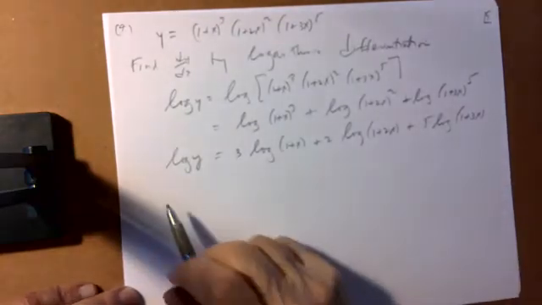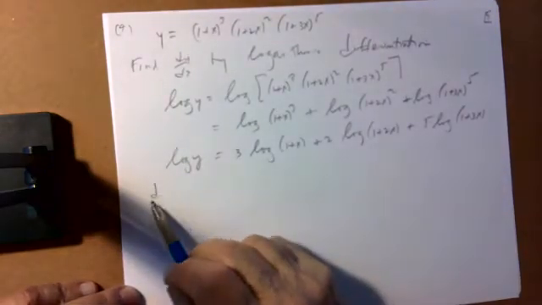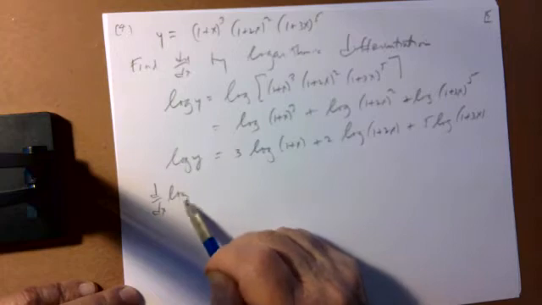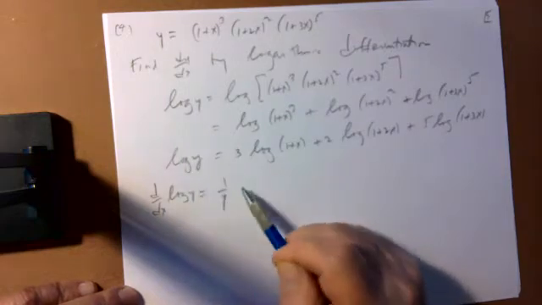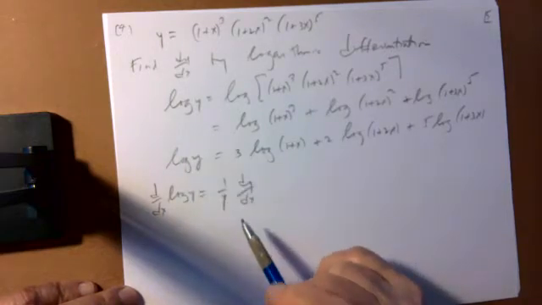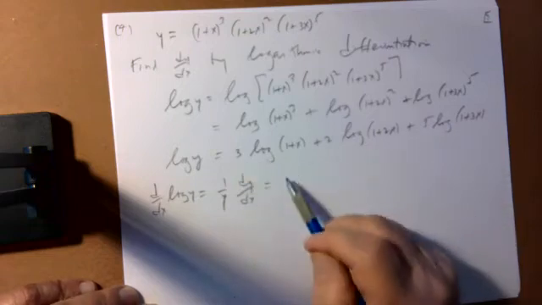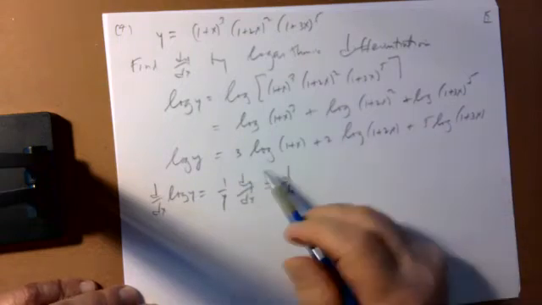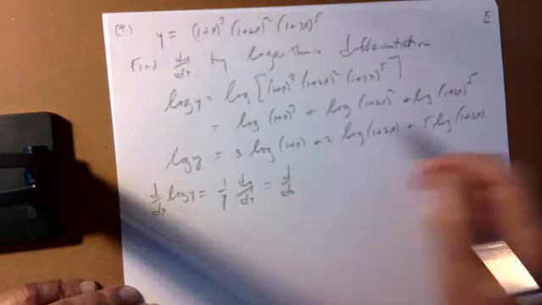Okay, so now we differentiate. The derivative with respect to x of the log of y is 1 over y dy dx by the chain rule. And that's the derivative with respect to x of everything on the right-hand side.